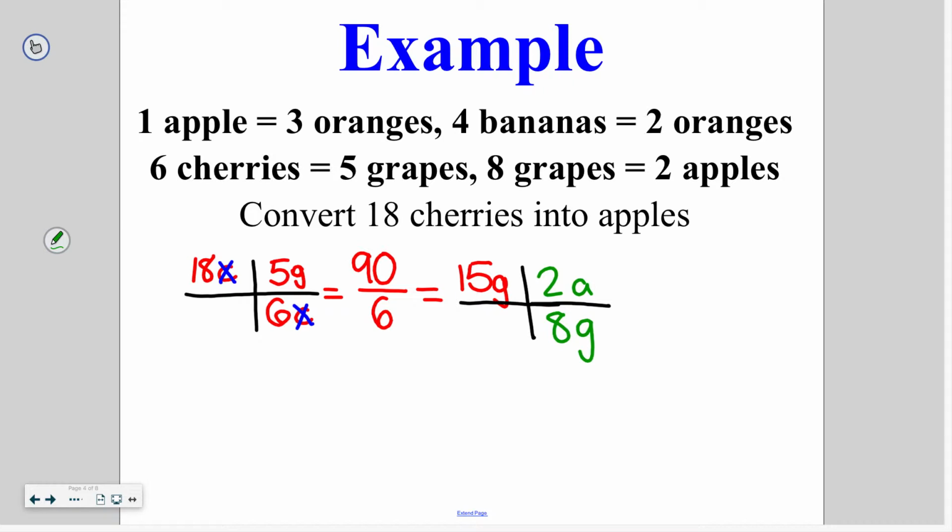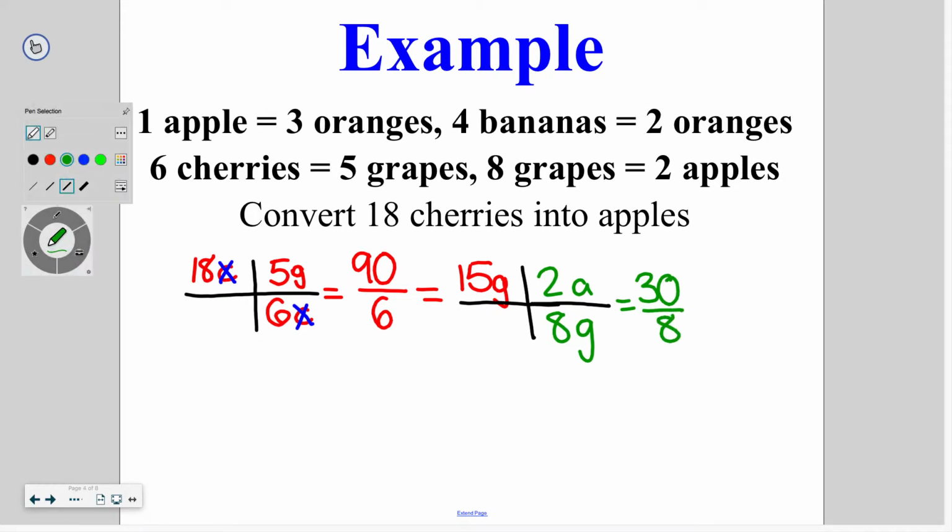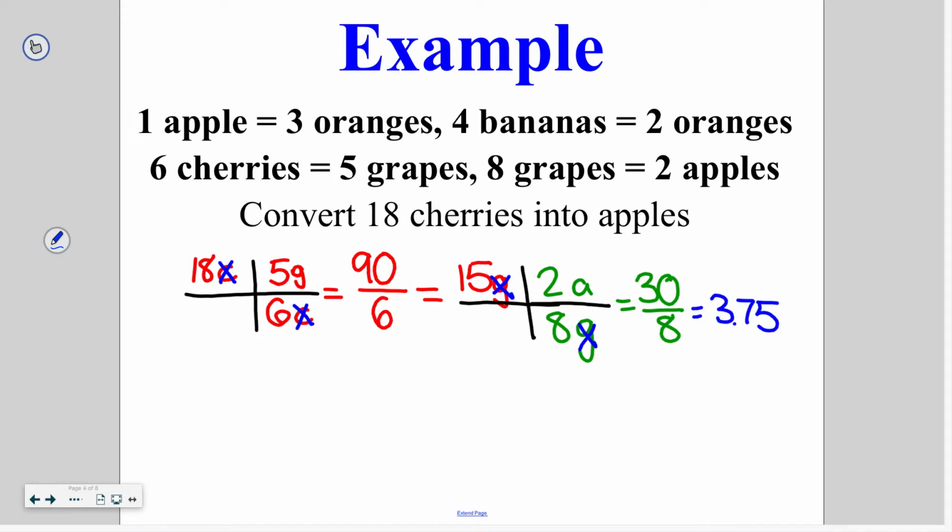So when I multiply those numbers, I'm going to get 30 over 8. Again, my units of grapes are going to cross out. When I do 30 divided by 8, I'm going to get an answer of 3.75 apples, because that's the unit that I have left.